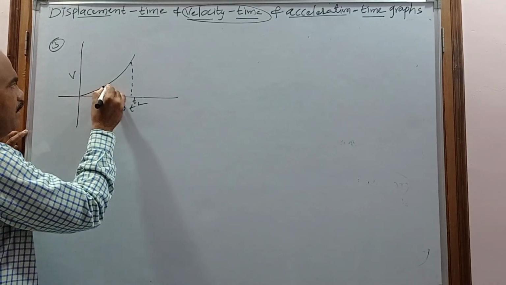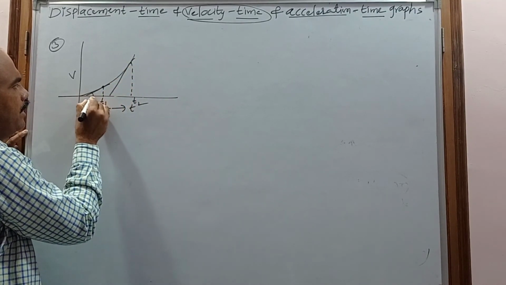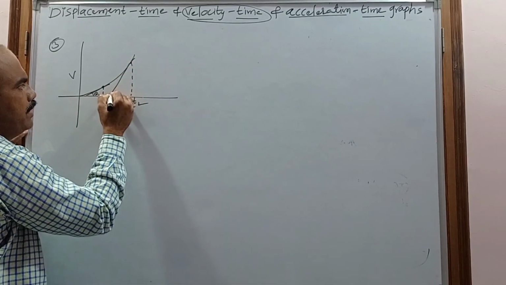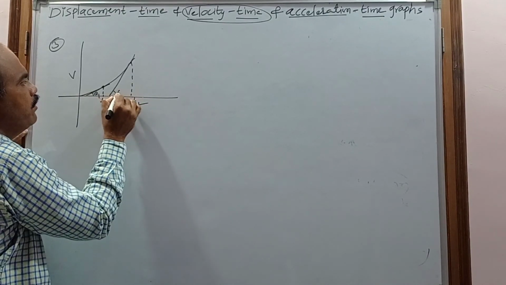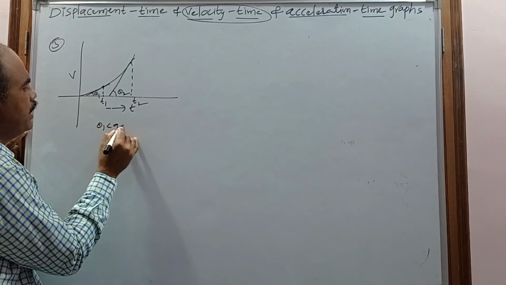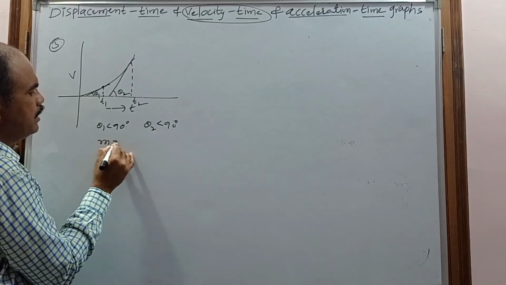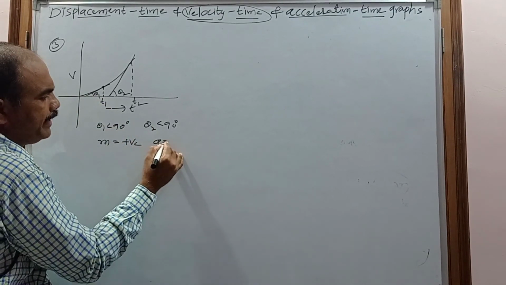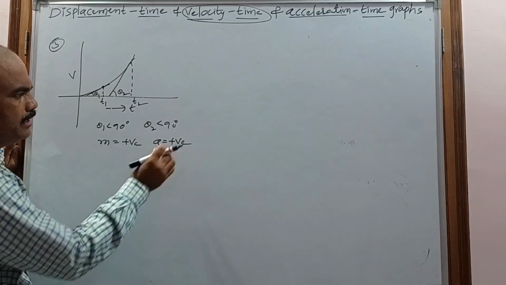If I draw the tangents at t1 and t2, the angle made by the tangent at t1 is theta 1, and the angle made at t2 is theta 2. Here theta 1 is less than 90 degrees and theta 2 is also less than 90 degrees. That's why the slope is positive, and the slope of the velocity versus time graph gives acceleration. The acceleration is also positive.